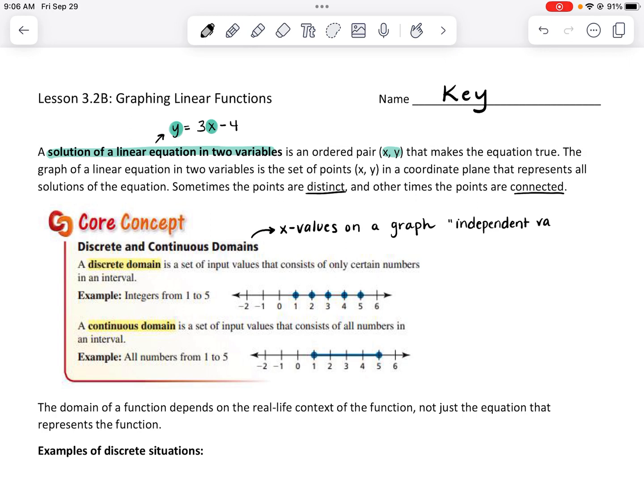So in biology, right, we've heard of independent variables. And so that's what your domain is. And so when we look at these, the discrete domain only can be certain numbers. So these are distinct points, and then nothing in between. So they're not connected.